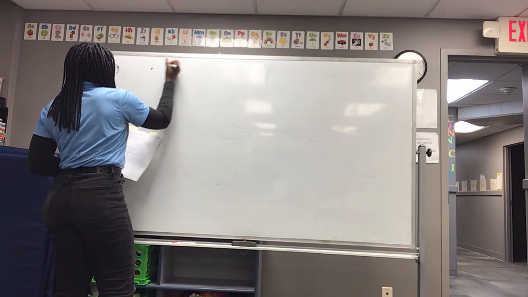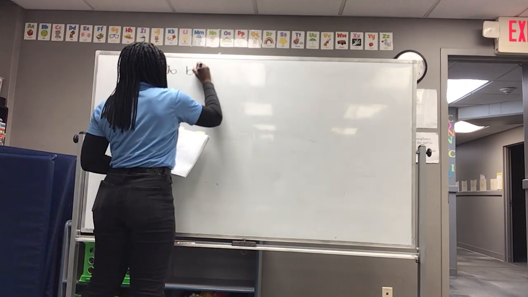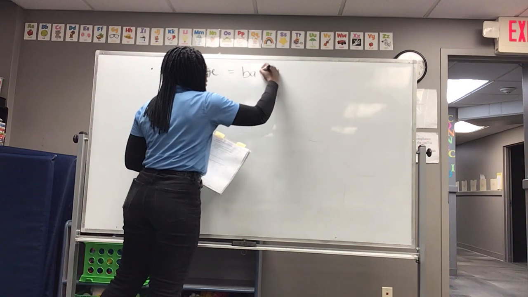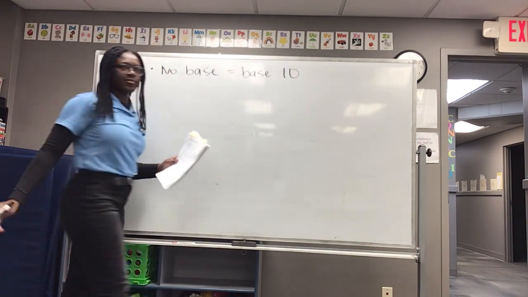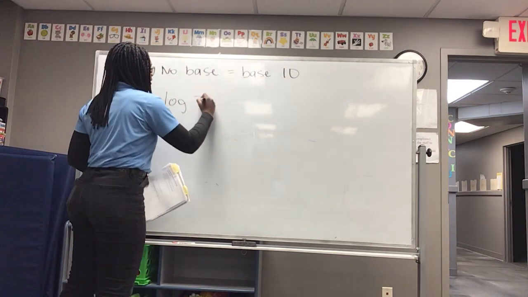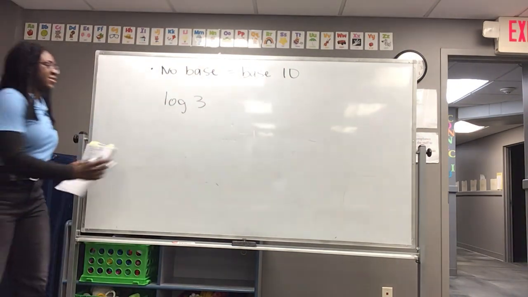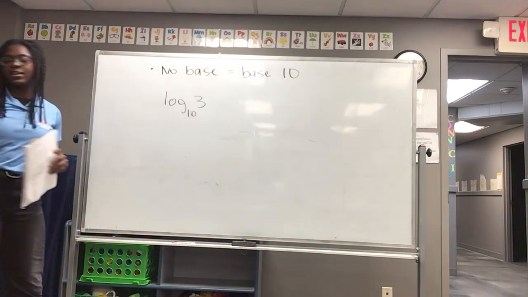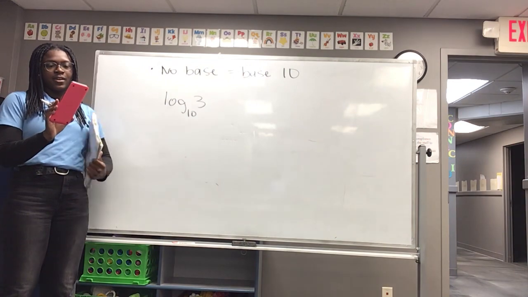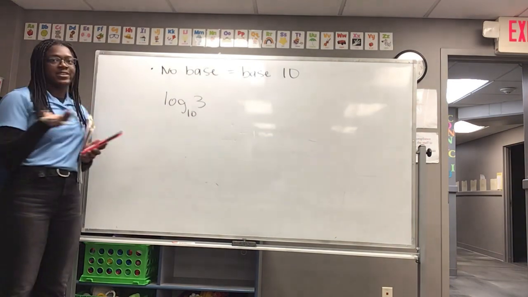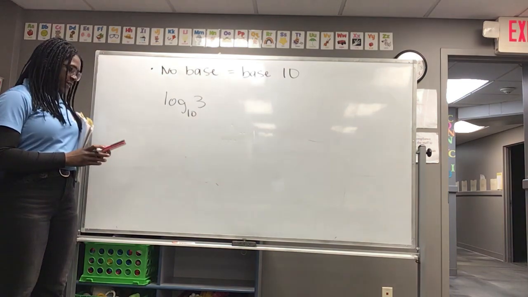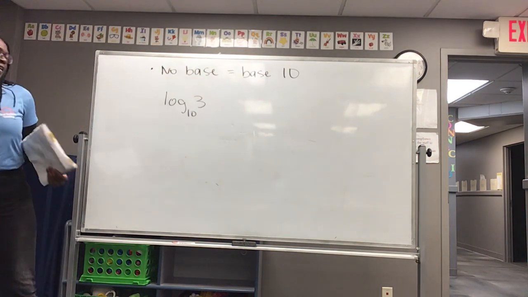If you see a logarithm with no base, it means there's a base of 10. So you could see something like log 3, and although they didn't write it there, the base down here is actually 10. If you just use the log button in your calculator, that has a base of 10, but if you need to change the base, that's why you need to press math and then go to the actual function.